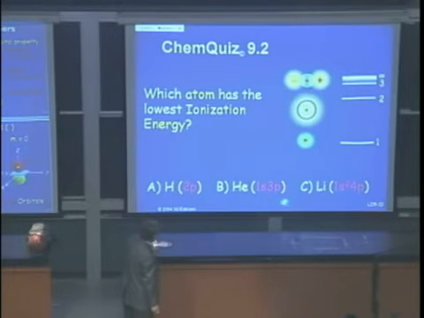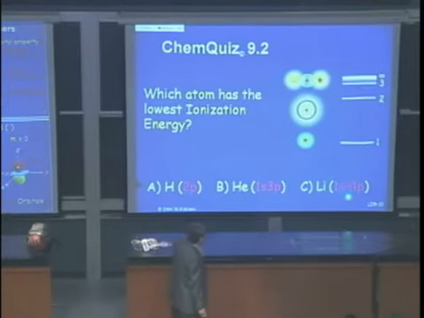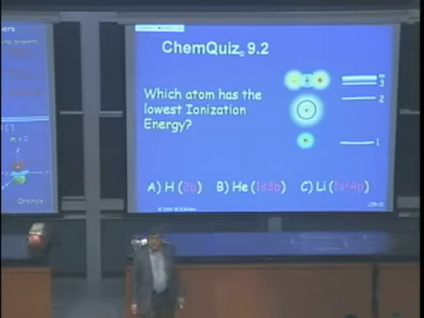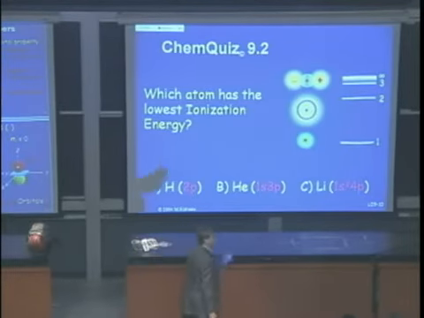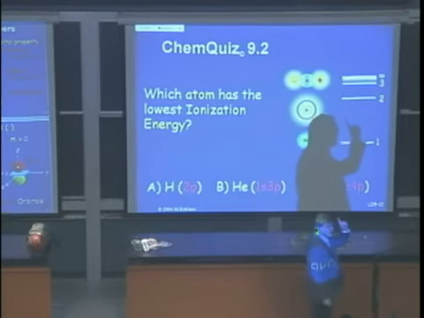We have helium atom, a 1s and a 3p. We have a lithium, 2 in the 1s and 1 in the 4p. Which one has the lowest first ionization energy to remove 1 electron?